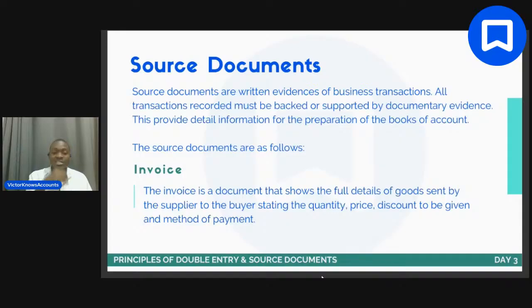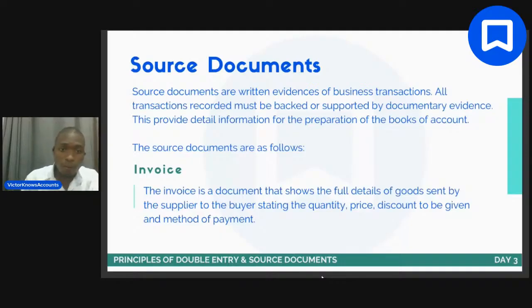And if you know when payment is going to be made, you also have to mention it as part of the information contained in the invoice.